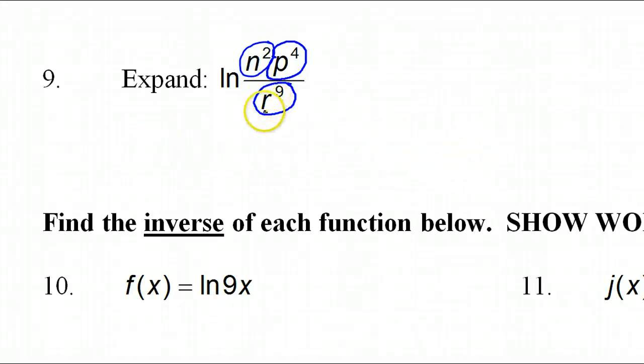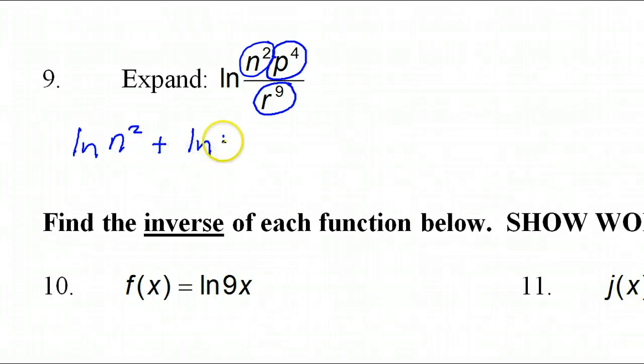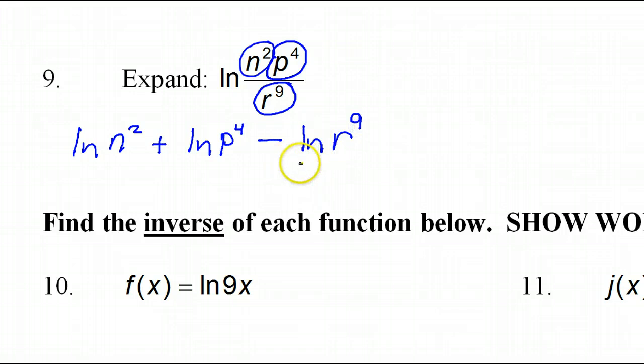Anything in the denominator will be a negative term. So we will have natural log n squared, positive, and then plus natural log p to the 4th power. These are both positive, they are from the numerator. But then we will have minus natural log r to the 9th power. It was in the denominator, so therefore we made it negative.